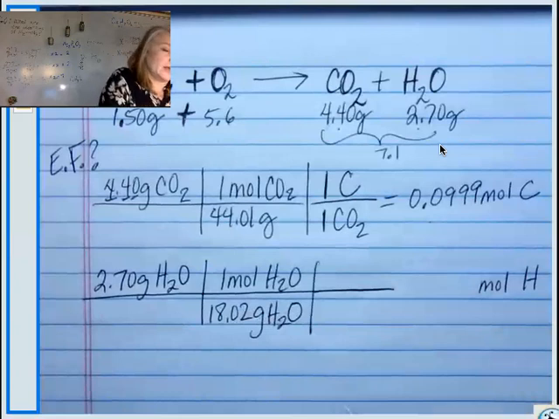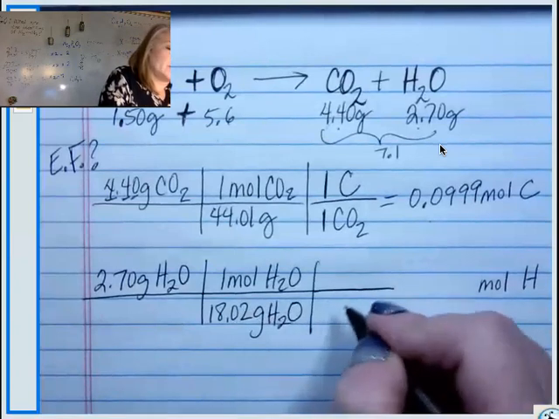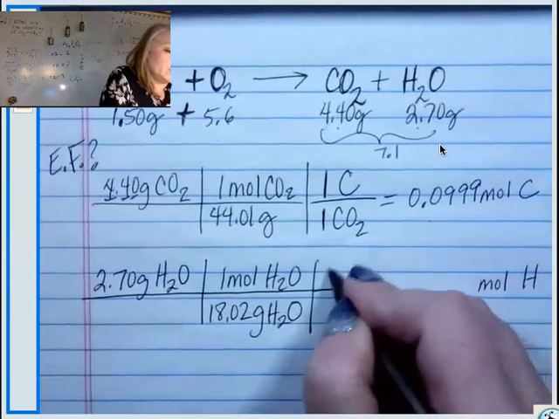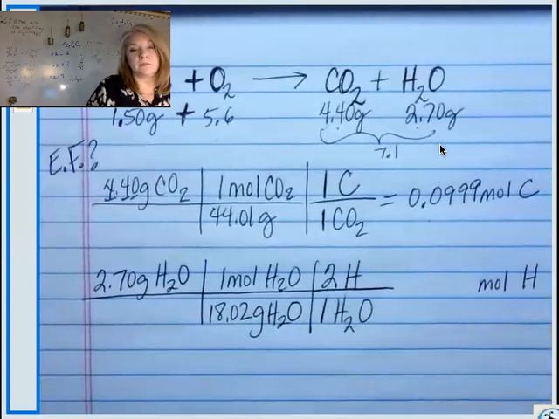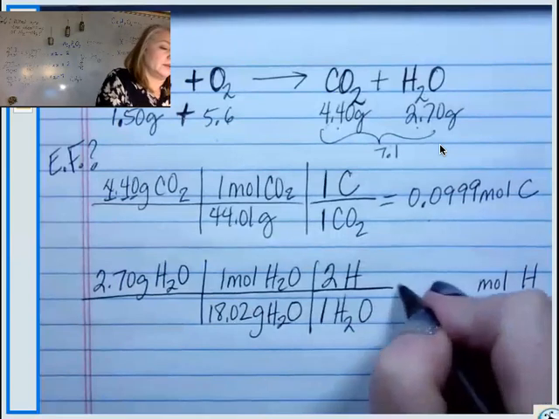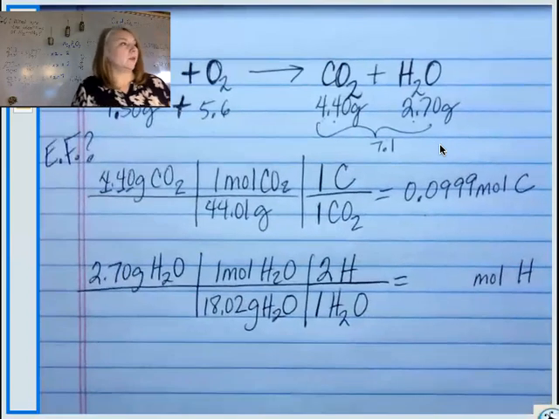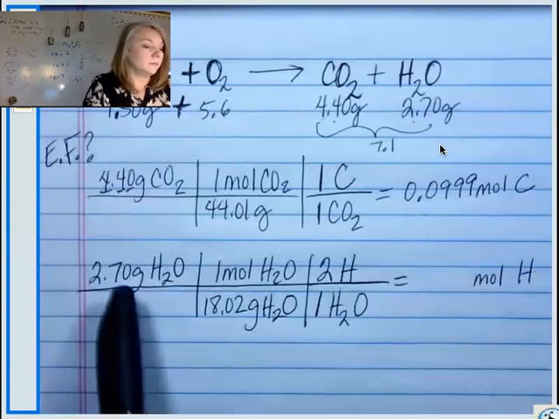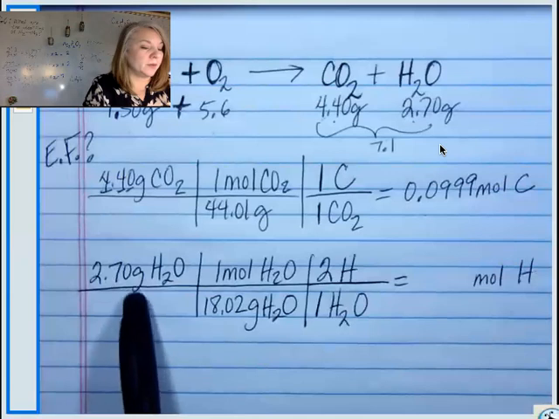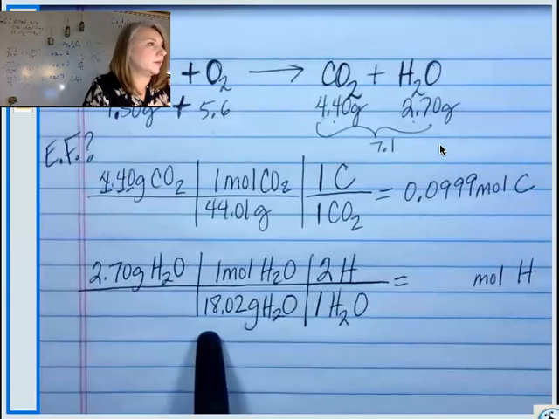Then let's recognize the fact that in water, there is not 1 hydrogen, but there are 2 hydrogens for every 1 water. Is everybody good with that part? Okay, so then let's quickly figure out how many moles of hydrogen we have. True, but more or less than your carbon. So you're multiplying 2.7 times 2, divided by 18.02.